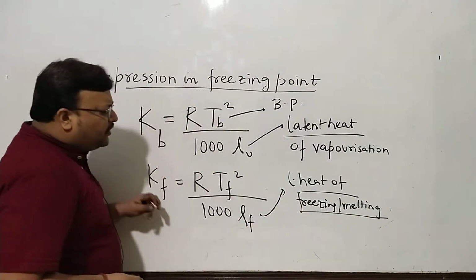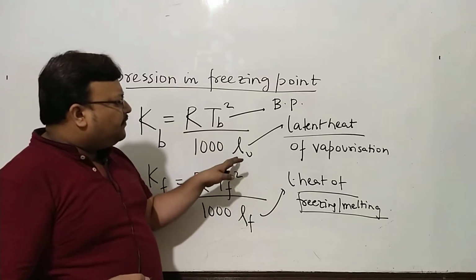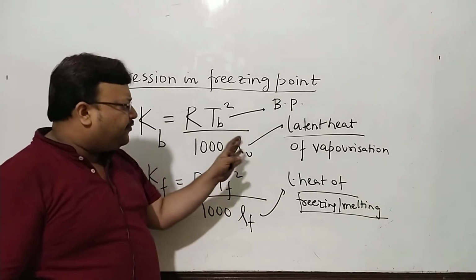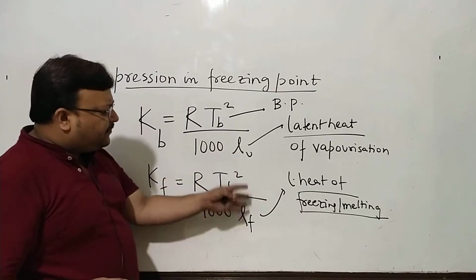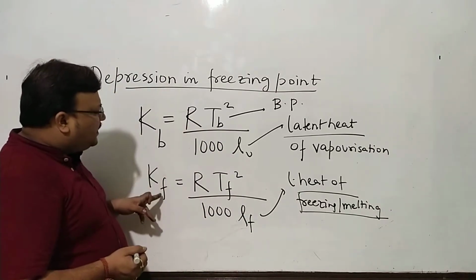The corresponding values are known for water. This is like 80 calories per gram, and the heat of vaporization is like 527 calories per gram for water. But for an unknown liquid, you can calculate Kb and Kf.